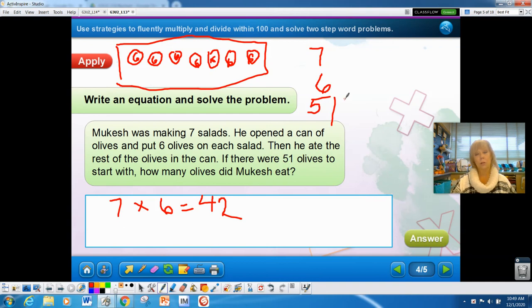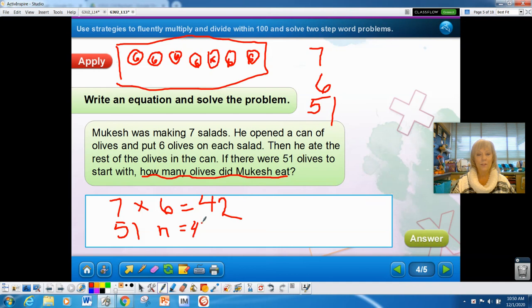So is this going to be multiplication, division, addition, or subtraction? Well, let's take a look at our keywords. How many did he eat? He started with 51, and we don't know how many he ate, do we? So that's an unknown. I'm going to put a little n here, and we know it's going to equal the 42 here.